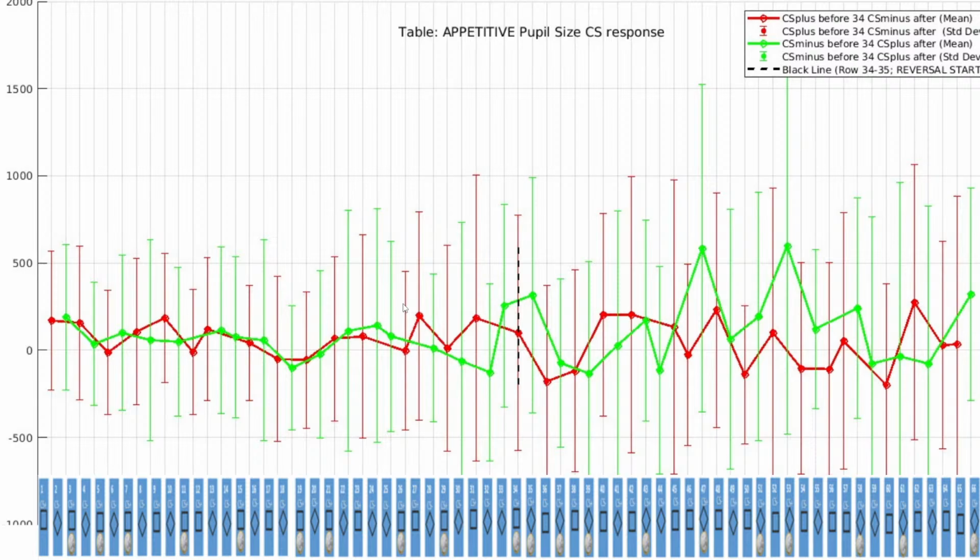Let's now see the appetitive. When looking at the pupil size, we can say there is not much of a conditioning, or it is mainly in the end of the reversal phase. We may say there is a conditioning for some reason, but it looks like there is a conditioning and then there is an extinction.